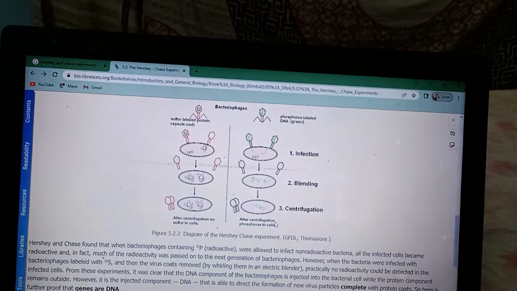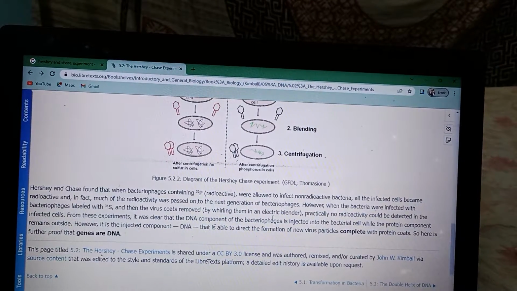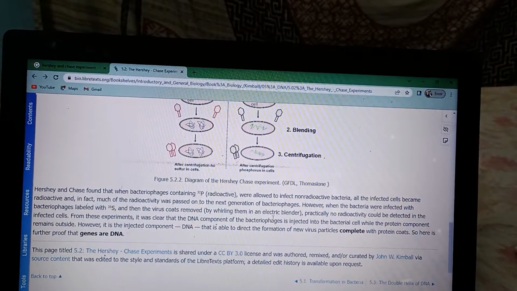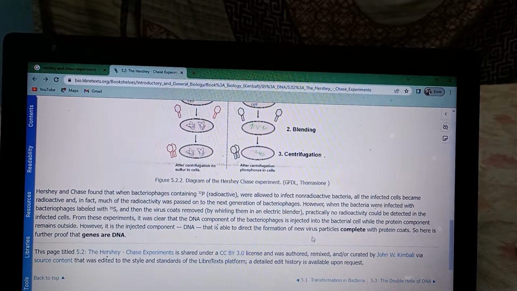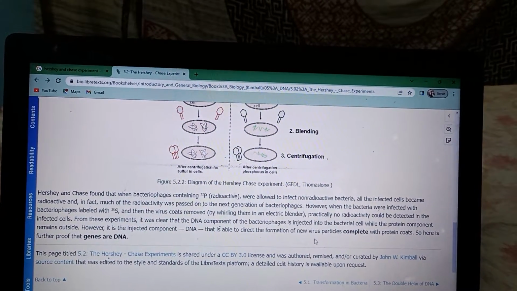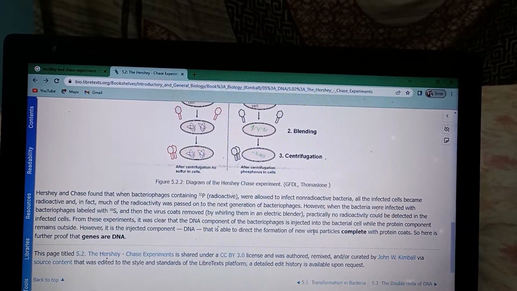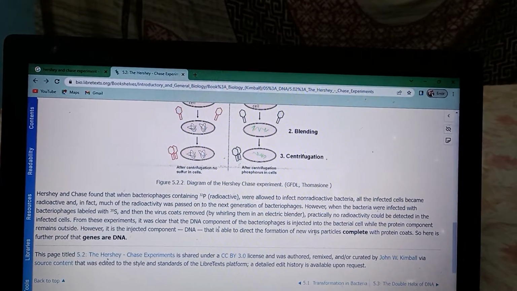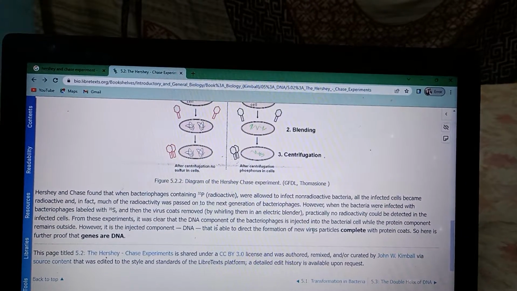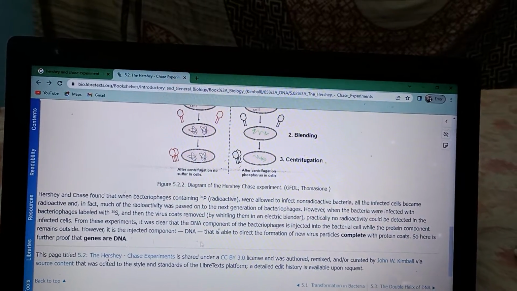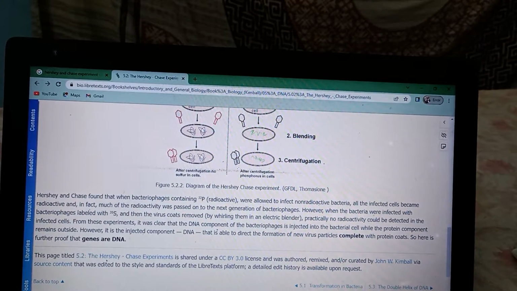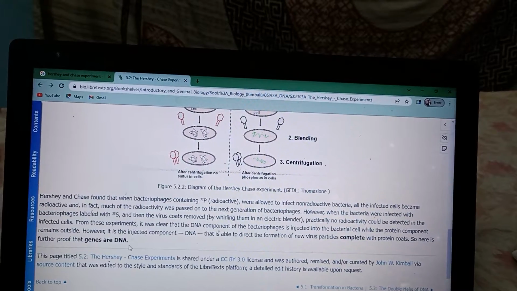So in this experiment, what they concluded is that the complete hereditary material is genes, that is DNA. So here is the further proof that genes are DNA.